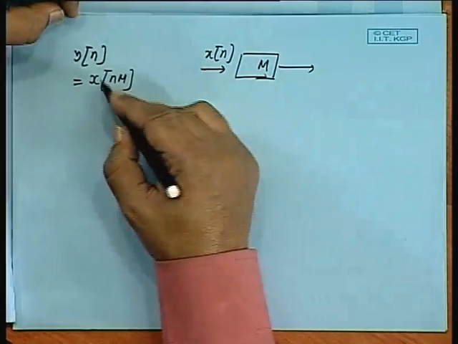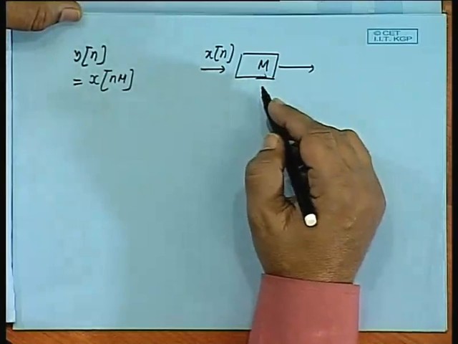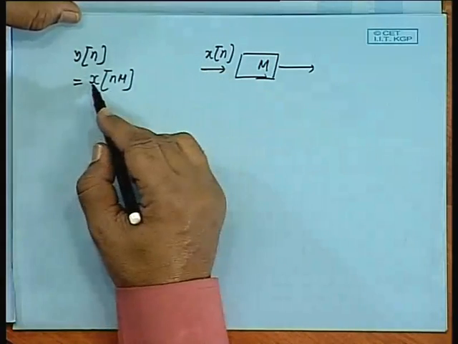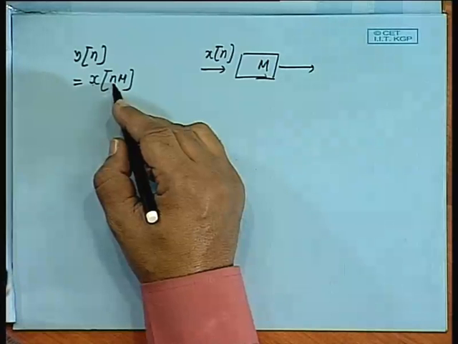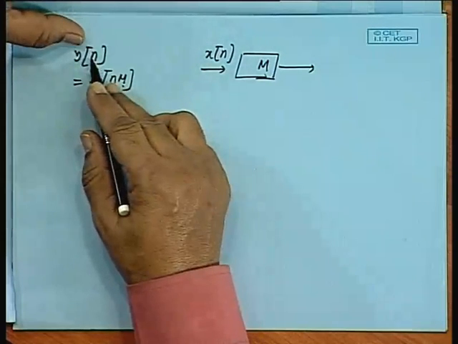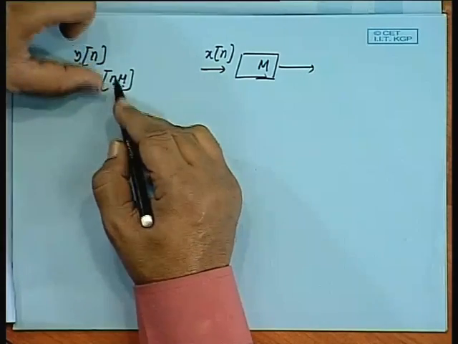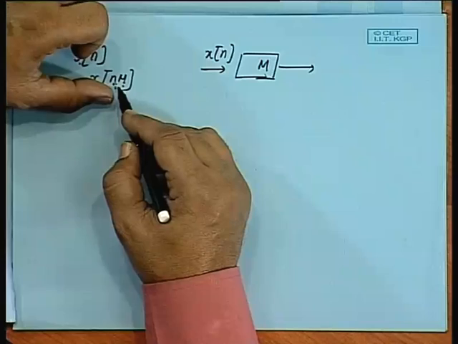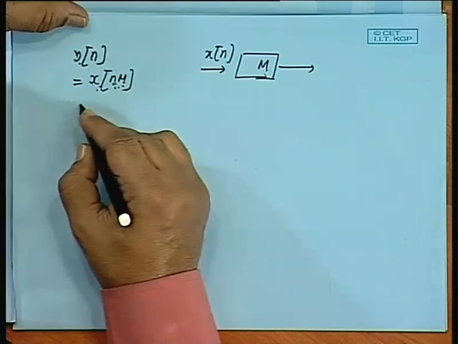Only the Mth value is counted. Suppose M is equal to 5, then n you put as 1, it will be 1 into 5. So, x[5] will be treated as y[1], x[0] as y[0], x[5] as y[1], x[10] as y[2], and so on. So, this is for a downsampler.